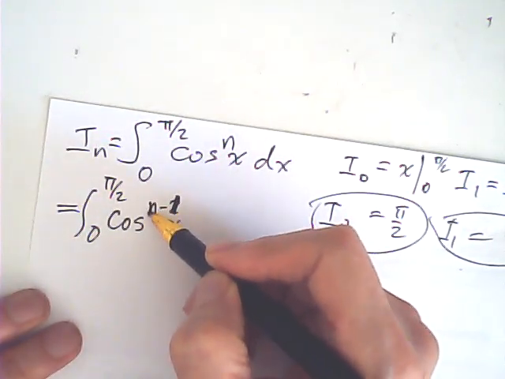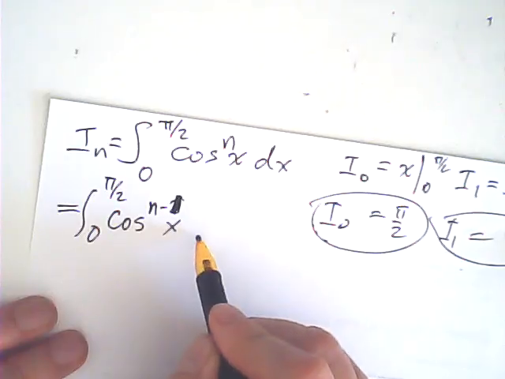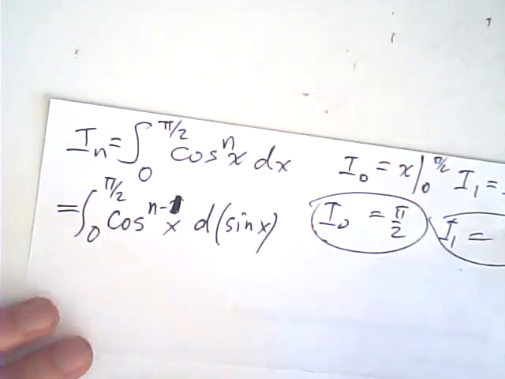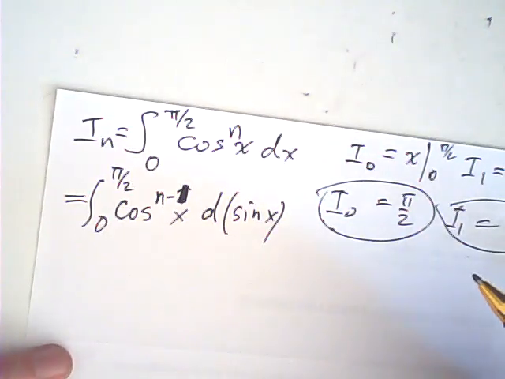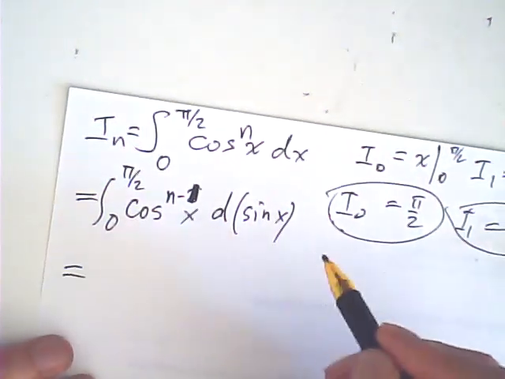Sorry, I should do 1 and not 2. Cosine n minus 1 times cosine. The other cosine is the derivative of sine. Yeah, then I can do integration by parts.